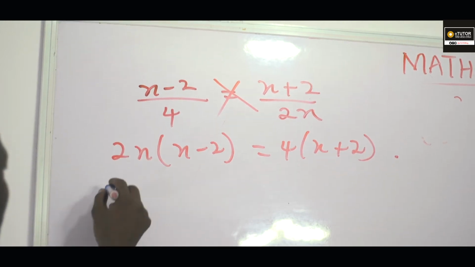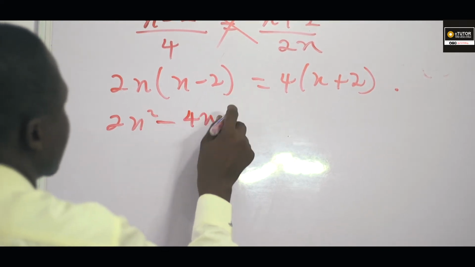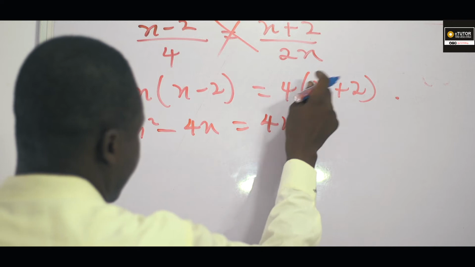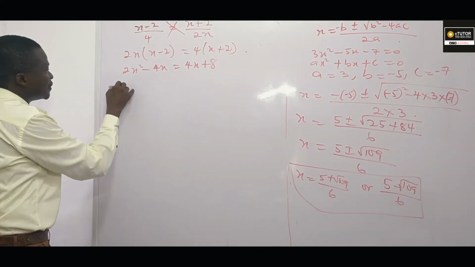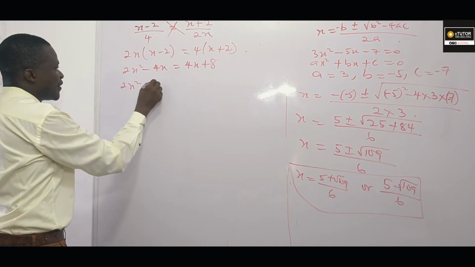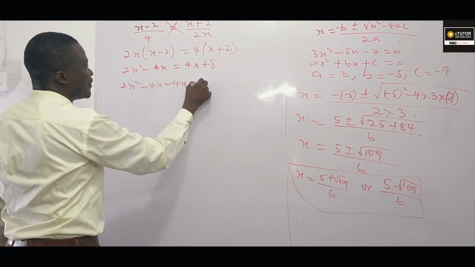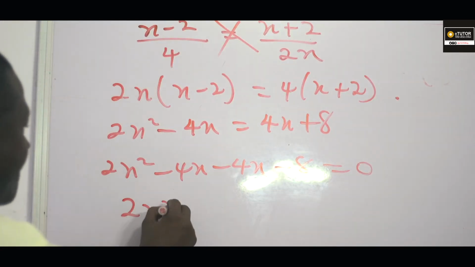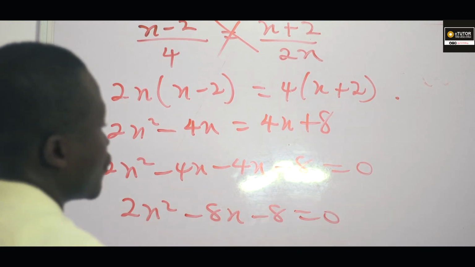Let's open brackets. 2x squared minus 4x equals 4x plus 8. Now let's go. 2x squared minus 4x minus 4x minus 8 equals 0. 2x squared minus 8x minus 8 equals 0.